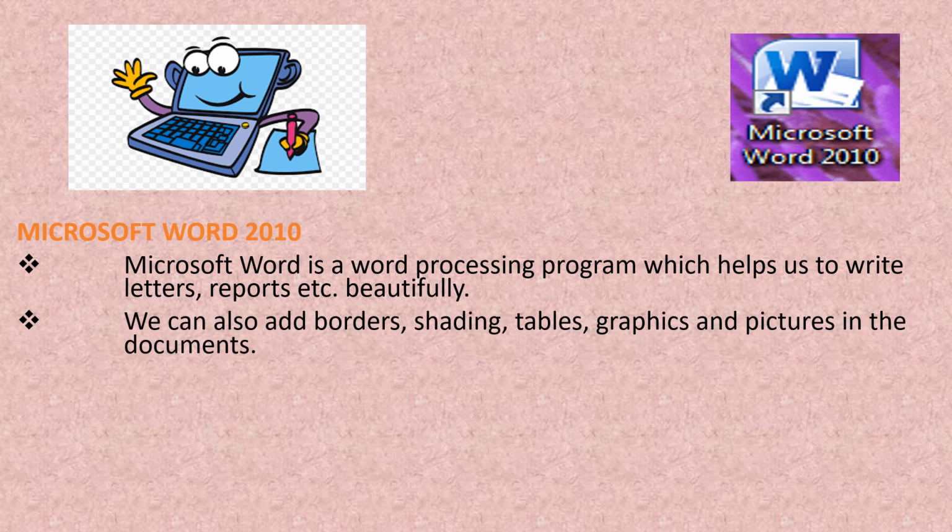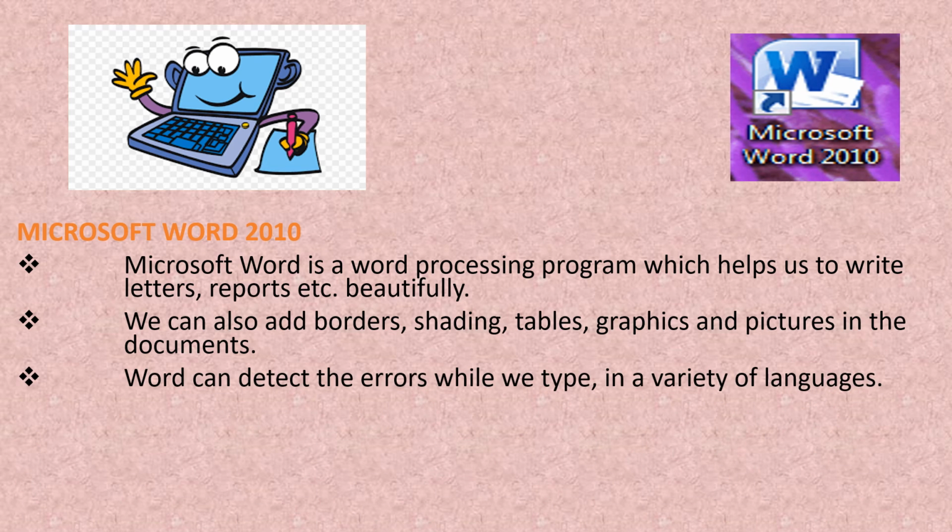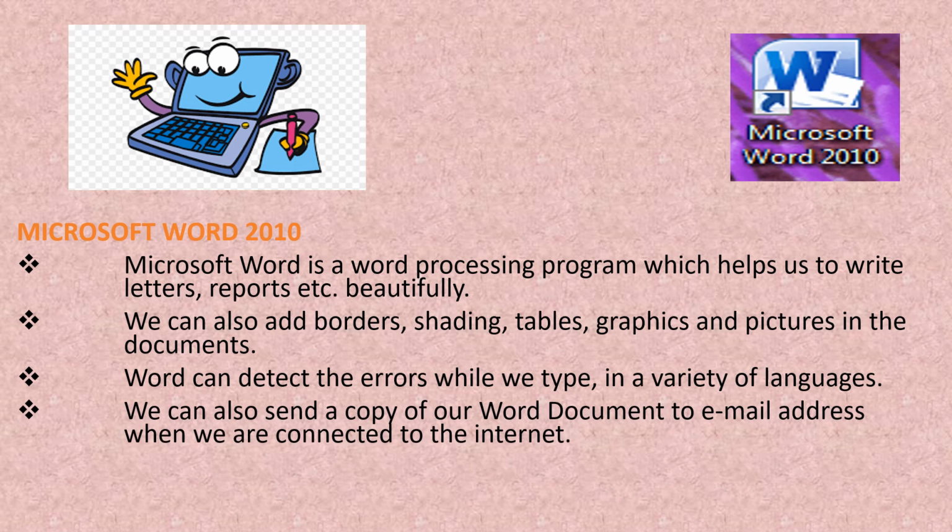You can also add borders, shading, tables, graphics, and pictures in the document to make it more attractive. Word can detect errors while we type in a variety of languages. So, if you have made any mistake, it will show you the error. We can also send a copy of our document to an email address when we are connected to the internet.